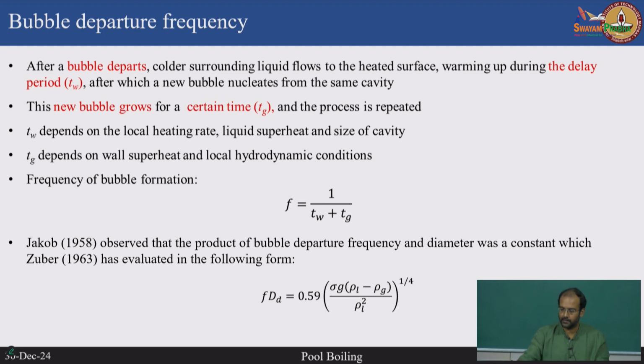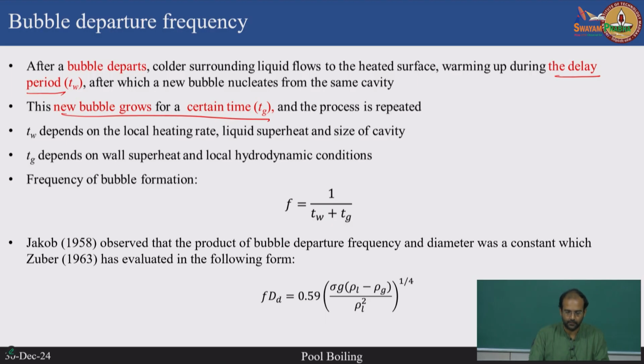For example, there are two time scales involved. One is the delay period. Once the bubble grows, there is a certain time it takes for the bubble to grow. Depending on the gravity, as I told you, at 0 g it is going to grow forever, whereas in Earth gravity or hypergravity it is going to grow very quickly.